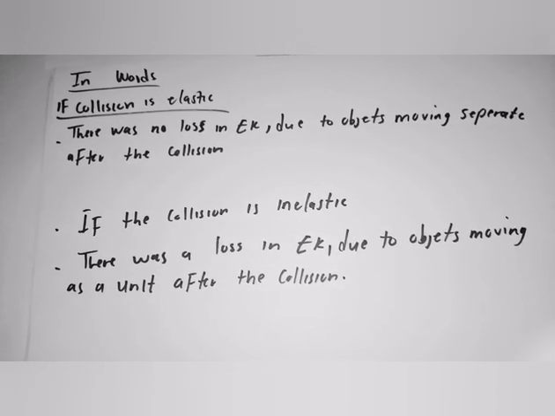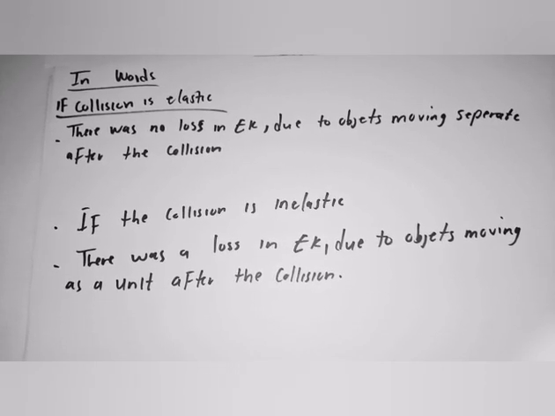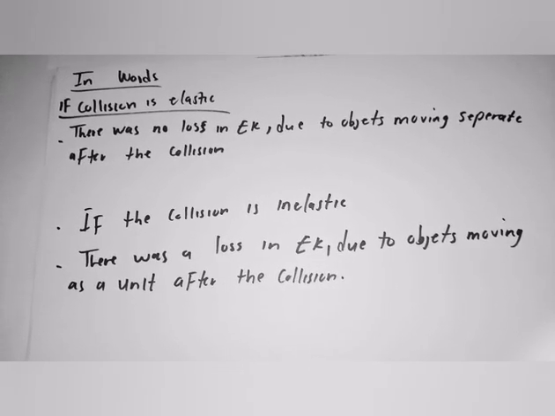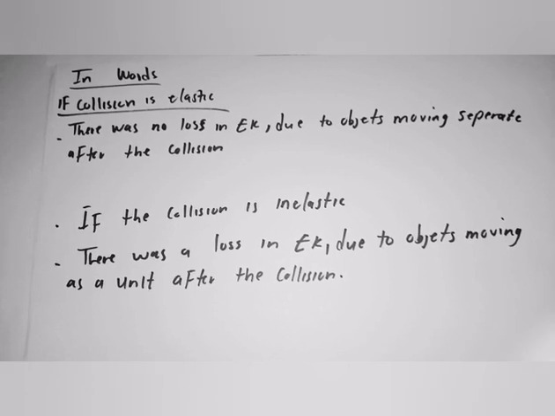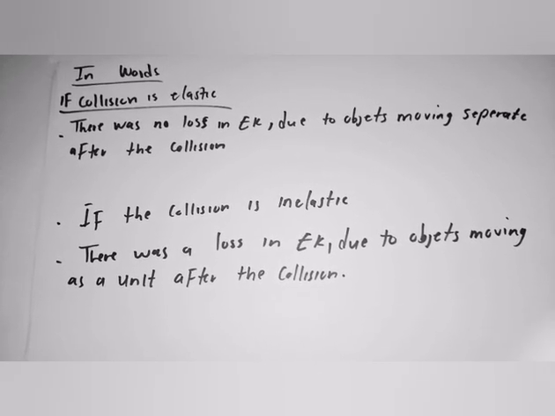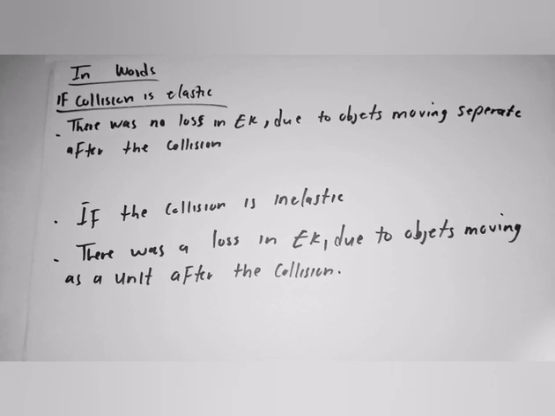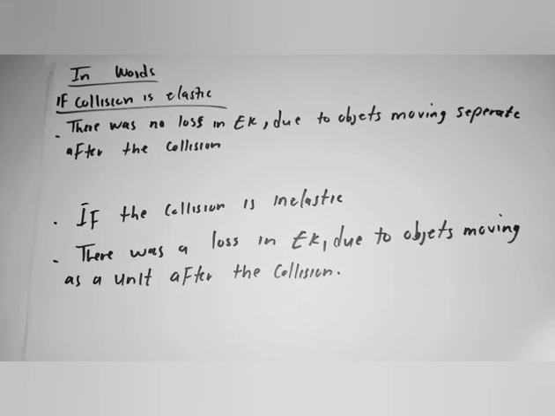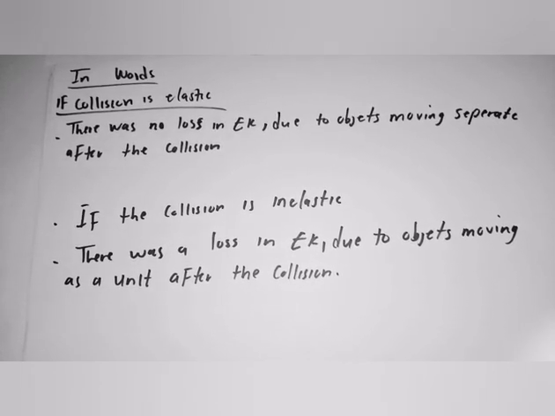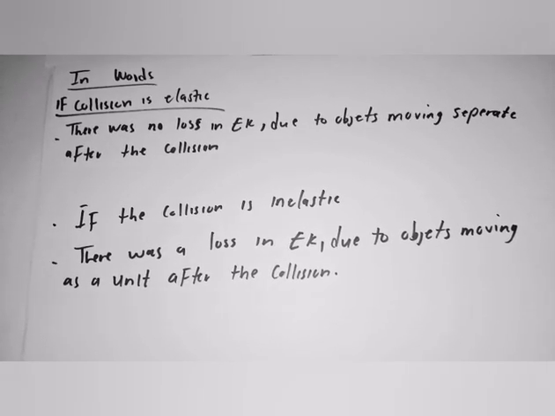If the collision is inelastic, you say that there was a loss in EK due to objects moving as a unit after the collision. So it is very important to know this: if a collision is inelastic, there is a loss in EK due to objects moving as a unit after the collision. But if it is elastic, they move separate after the collision.